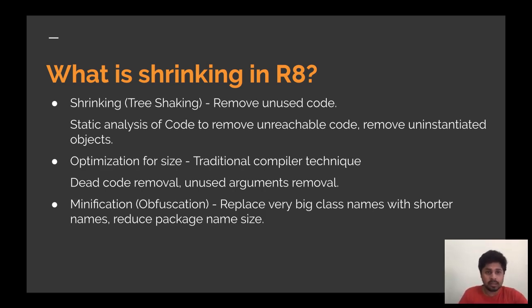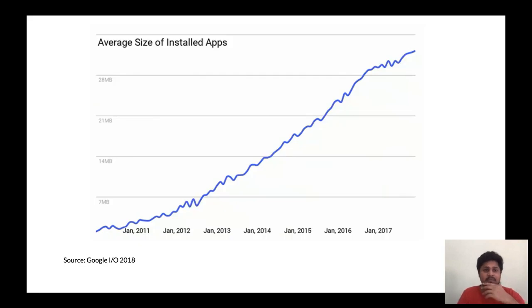Now you can see this data which I have collected from Google I/O 2018, which shows the increase in app size during the past 7 years. In an emerging market like India, the size of an application matters. It really matters, because the lesser the size, the higher the probability of increasing downloads. And according to me, the lesser the size, the faster the compile, install, and runtime of our application.